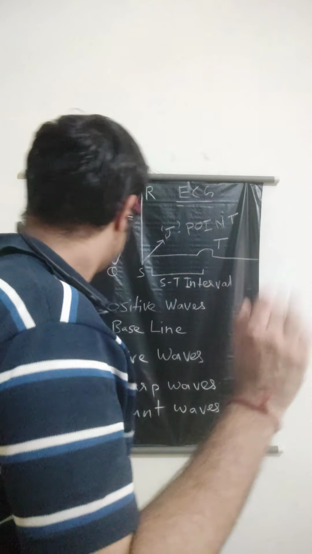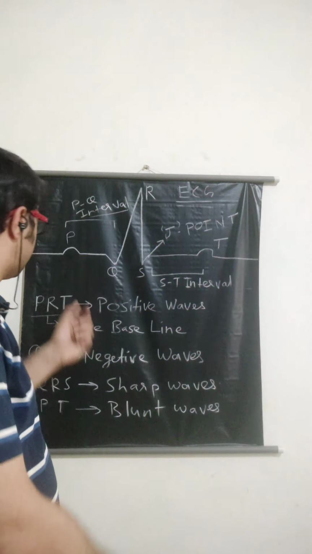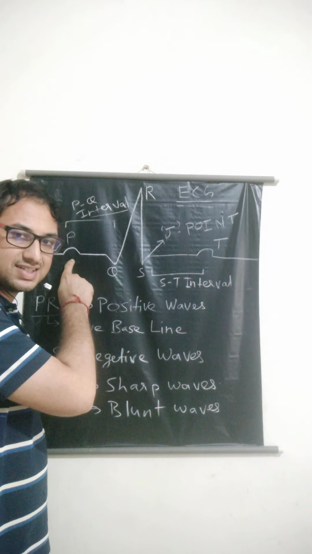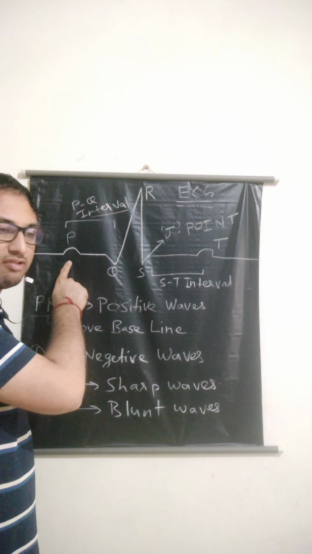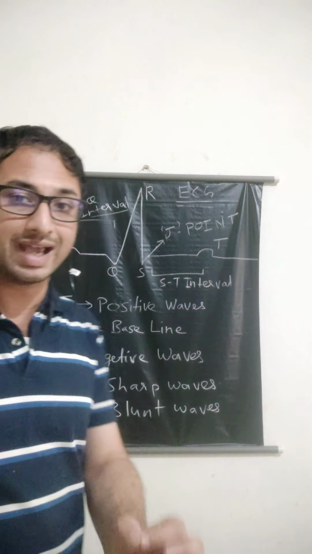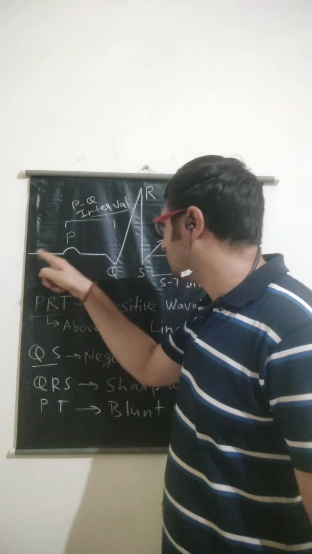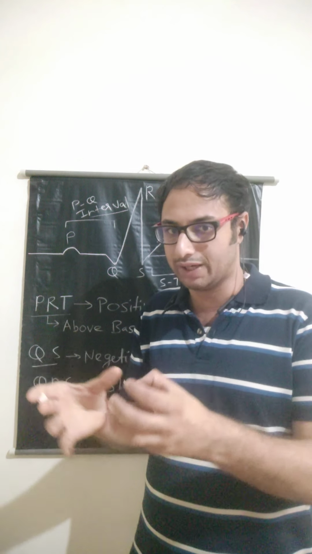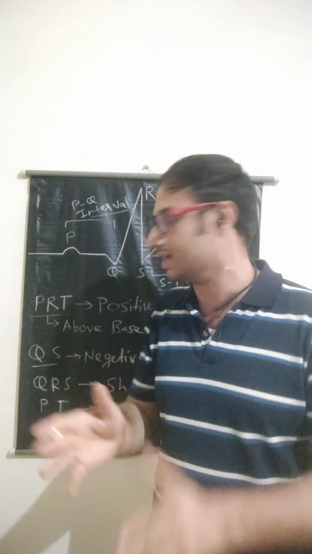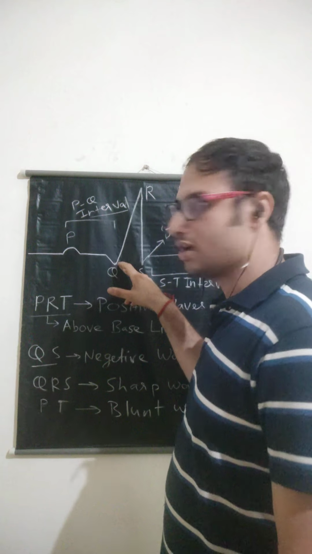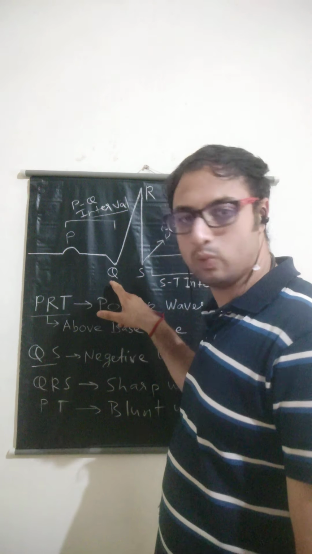Now a very quick recap. What is this P wave representing? The P wave represents the contraction or systole of both auricles. Next is this Q wave.